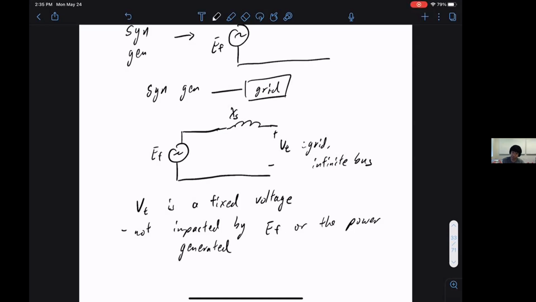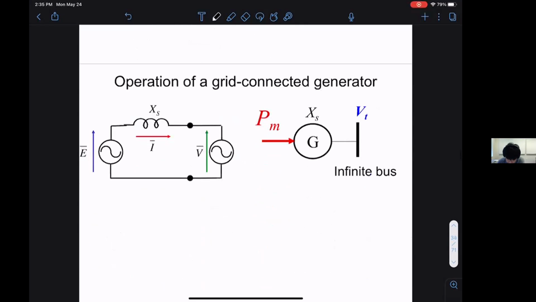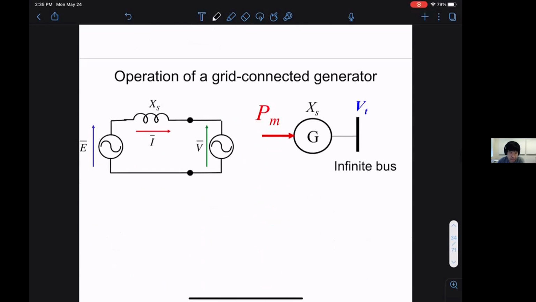And whatever I send will have no impact on the voltage of the grid. Okay, so it's called an infinite bus because you can think of it as infinitely large.